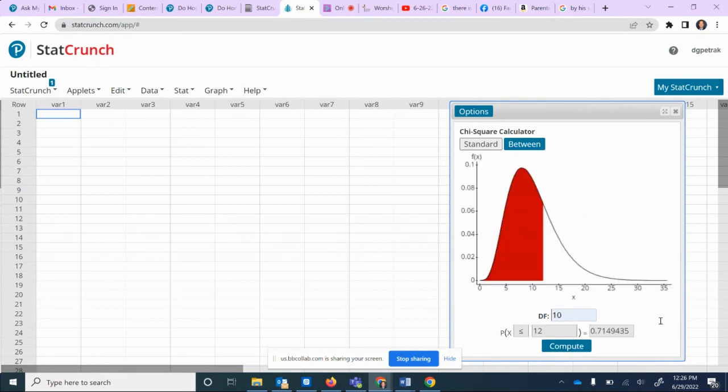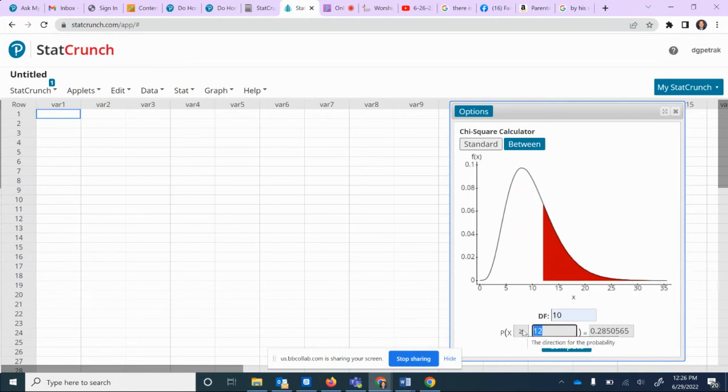That's essentially saying the proportion that are 12 or below is about 71% of the time. If I flip-flop this, that's the proportion that would have that much variability or more if it fits this model. So if I go out and find a chi-squared stat of 20, now it's only 2% greater. And typically we're looking to the right on this distribution, percent greater than.